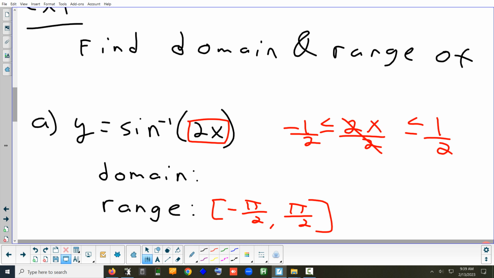What about if they ask it like we wrote the range? What would you put? The bracket negative 1 half, comma, 1 half. Okay, there's your domain.